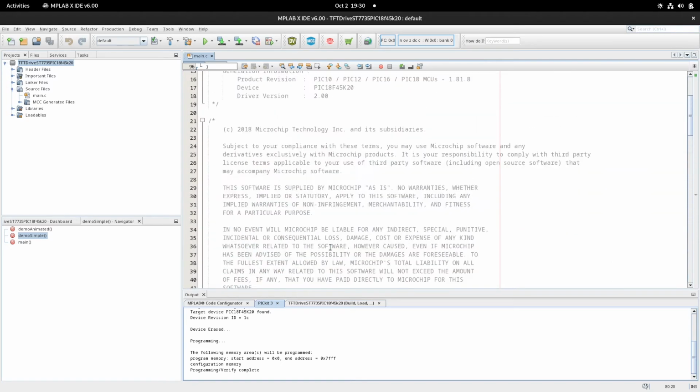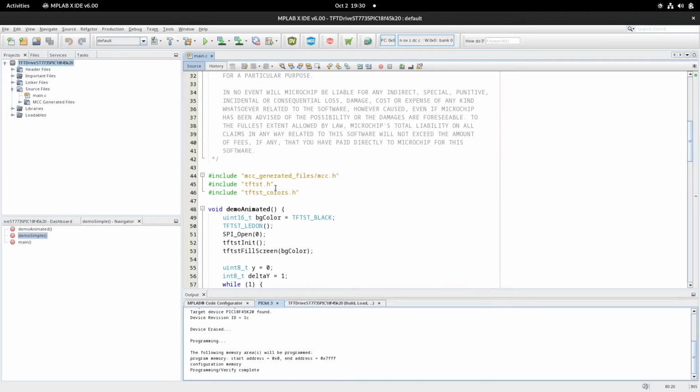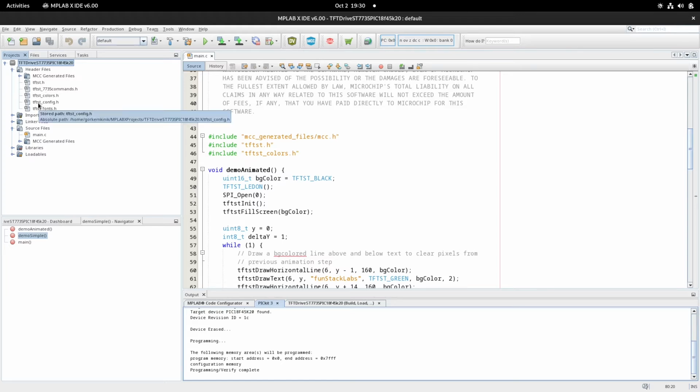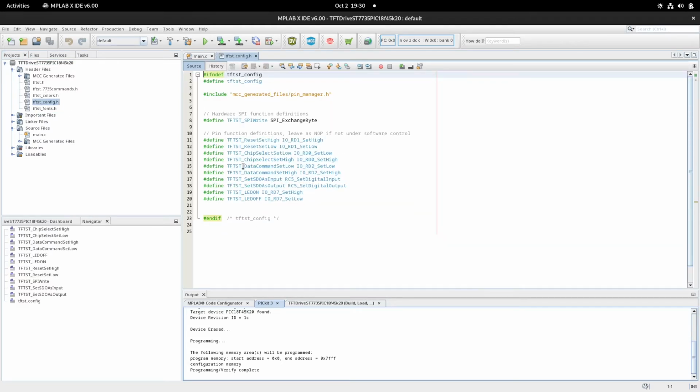But let's get into some of the details of the driver, so you can use it. You don't have to do anything aside from setting the pins. So in our MPLAB, I'm going to open the header files, and there's the TFT SD config header. And here's where you need to do some definitions to tell the driver how you communicate with SPI and where those pins are connected.